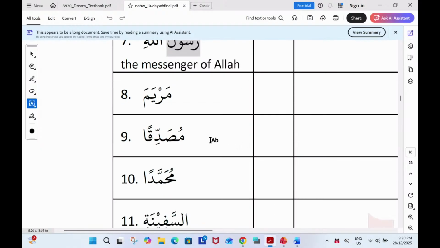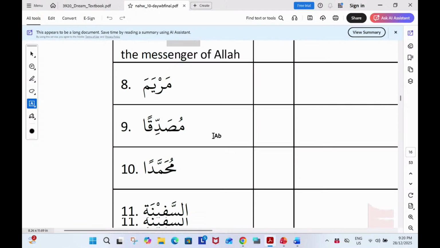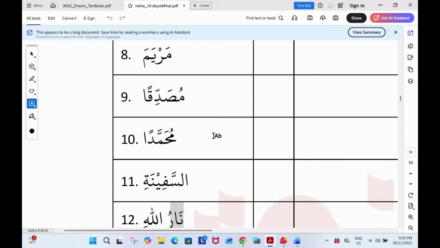For the ninth example, Musaddiqan, we do not have any identifier which would help us to know that this is proper. That's why we would call it common. Muhammadan is the name of Prophet Muhammad sallallahu alaihi wasallam. So that's why it is proper, and in the reason you can write that it is a proper name.